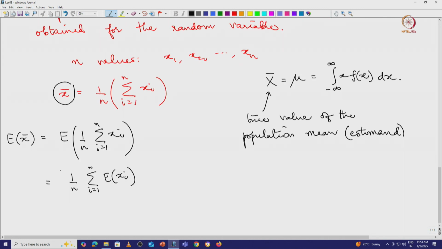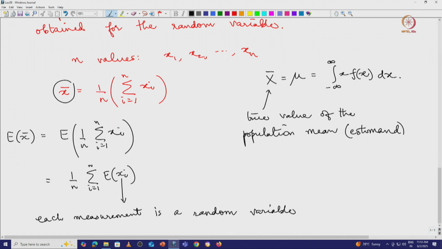Now, xi refers to the ith measurement that is being made. Now, it is important to realize that each measurement is itself a random variable with the same underlying distribution.